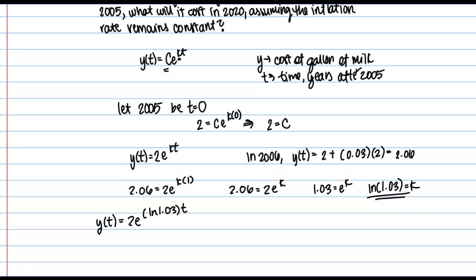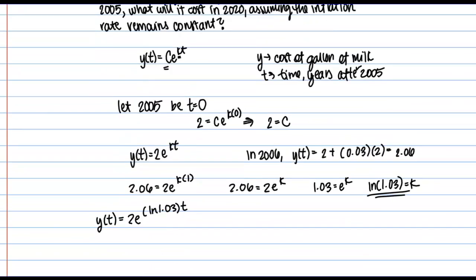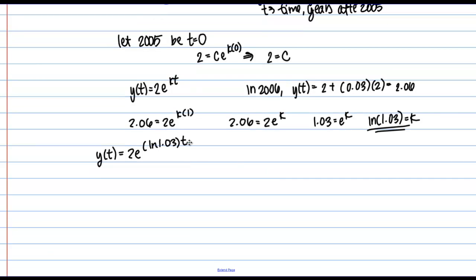Okay, so what are we actually asked to find? We're asked to find what a gallon of milk will cost in 2020. So then all I have to do is just plug in the appropriate t value. So in 2020, time is going to equal 15 years. So then I'm evaluating y of 15.